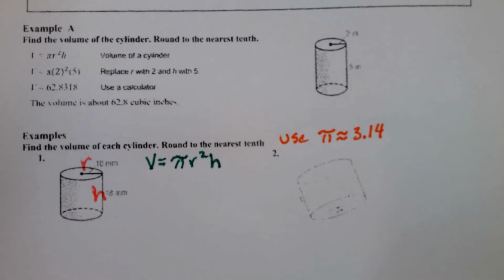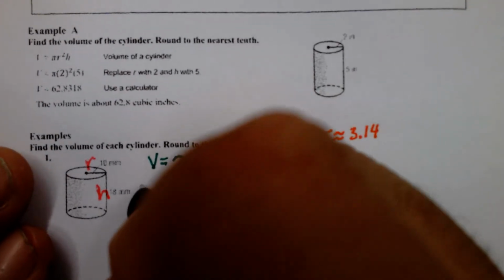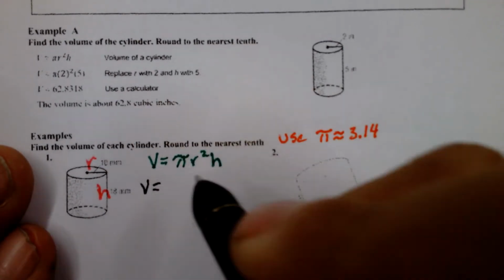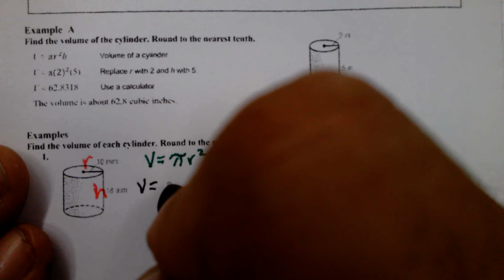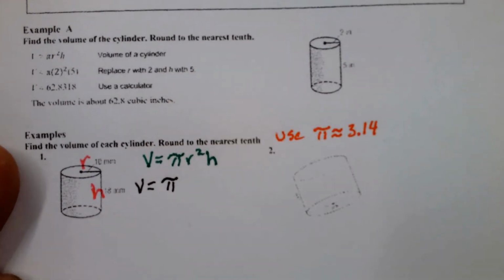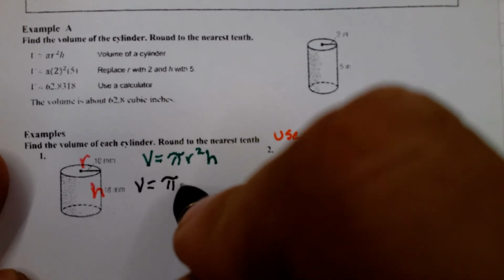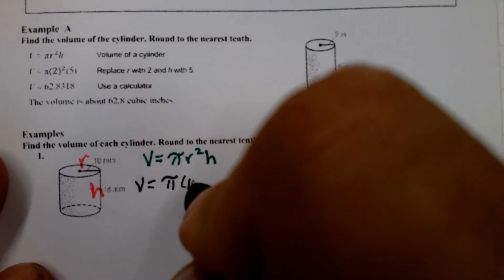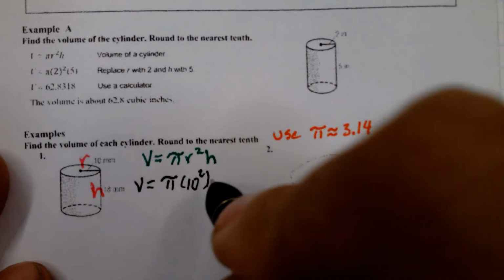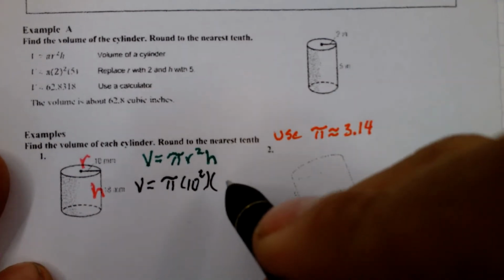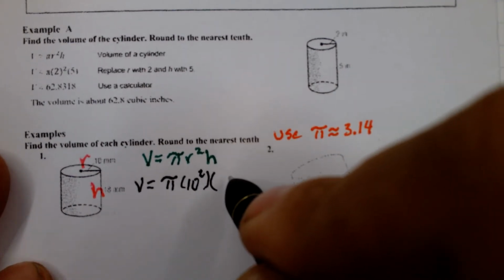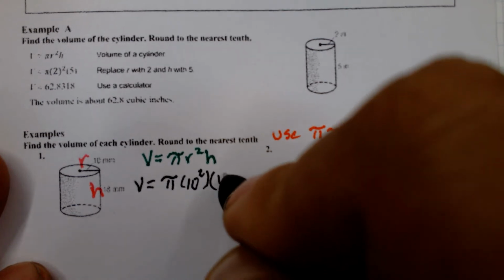So let's do it. Volume, we don't know what the volume is, equals, don't put 3.14, leave it as pi for the time being. We do know the radius is 10, so this is going to be 10 squared times, I'll use parentheses to multiply, the height, which is 18.